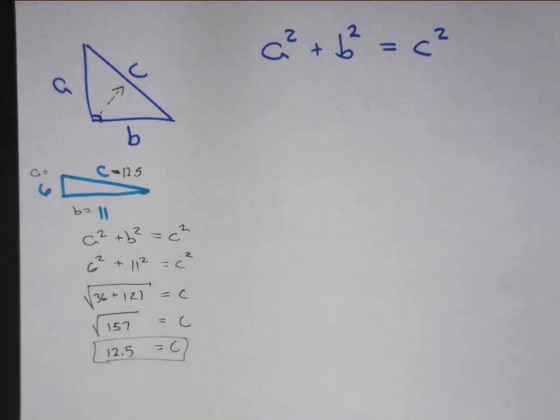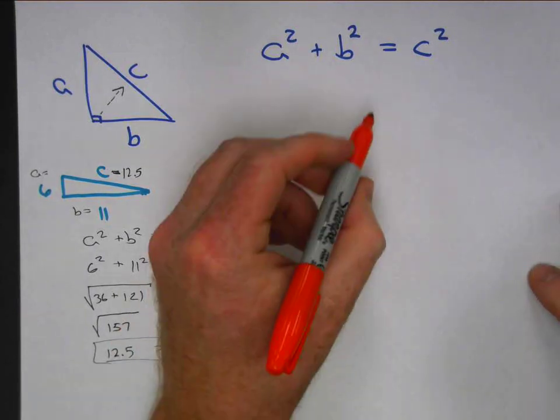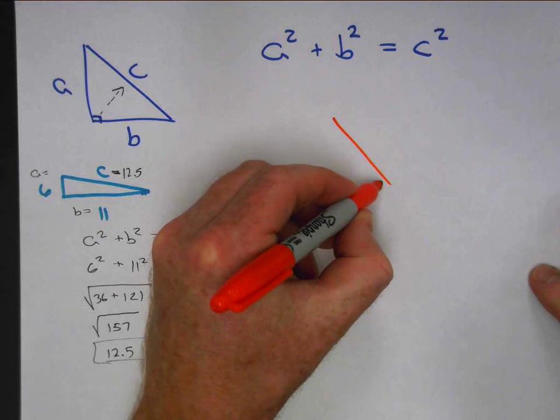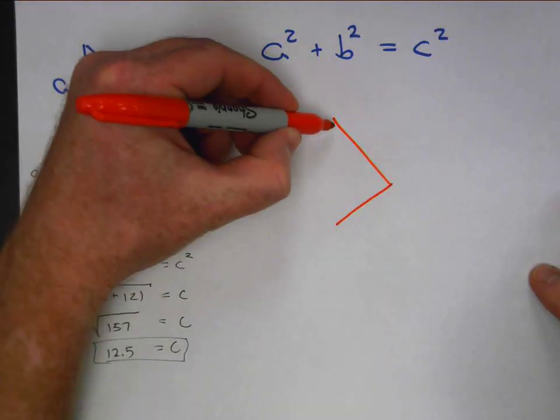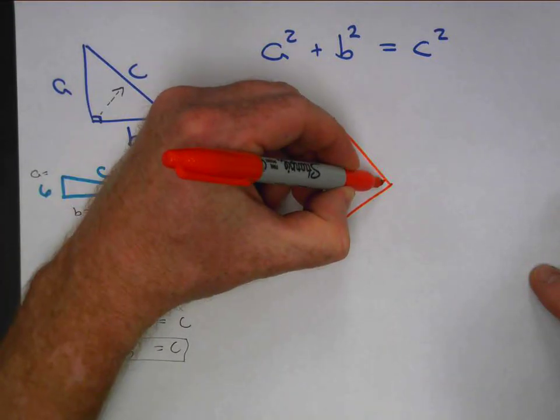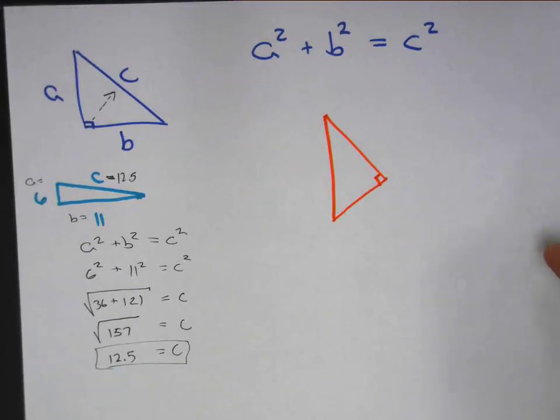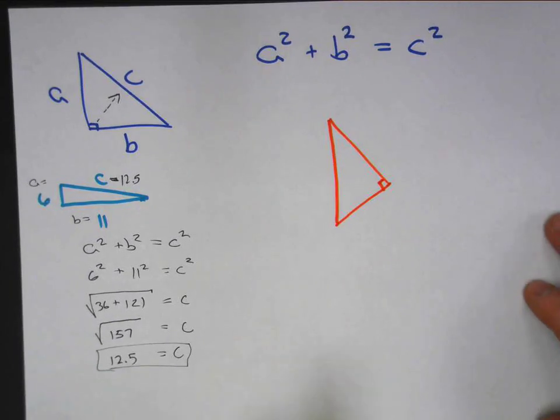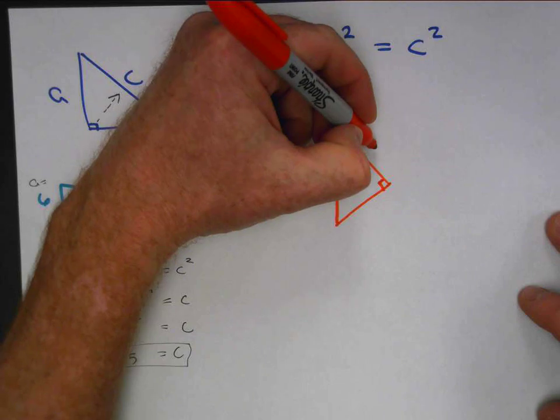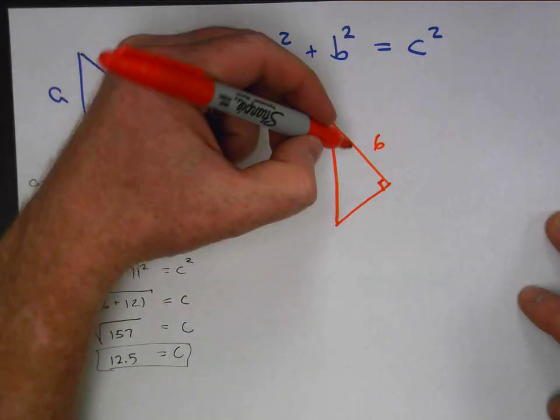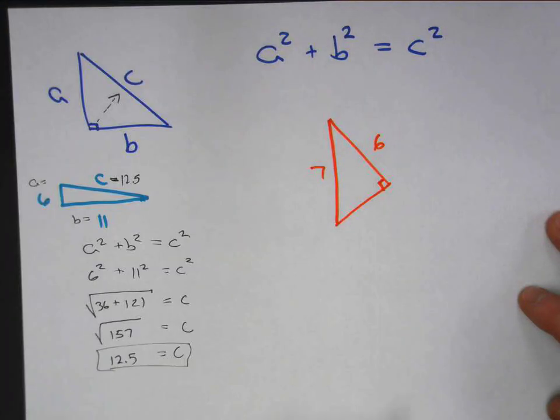So what about one more time here? Let's say we have a triangle that looks kind of like this. Okay, there's a right angle. That's easy to put in there. And so we know this side is 6, and we know this side is 7, and we want to know this side.